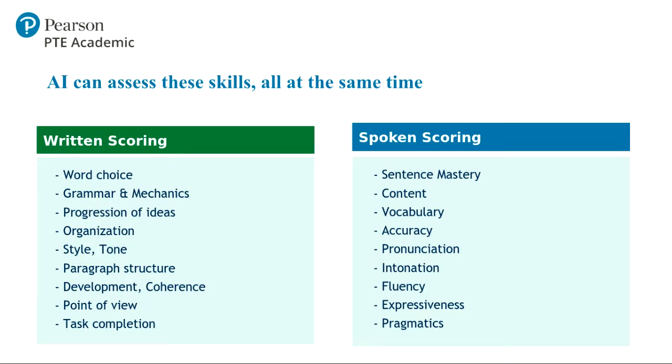So you can choose which traits you would want to assess. And the same with speaking, you might think that pronunciation and accuracy and fluency are the most important traits. So you select the traits that you want that assessment to measure. But the point being that you can assess a number of traits all at the same time, which in human assessment is really difficult to do, certainly reliably.